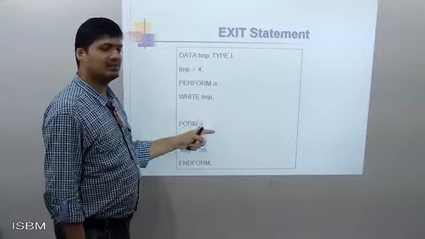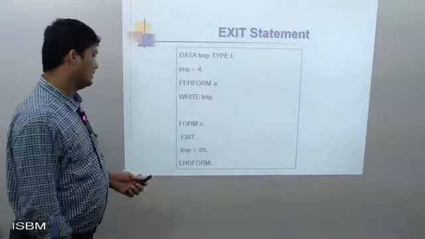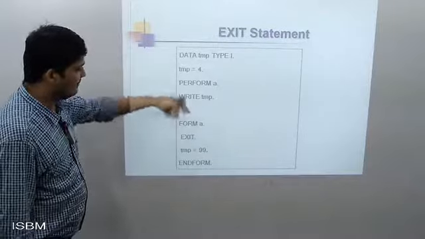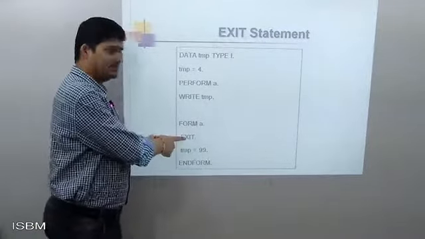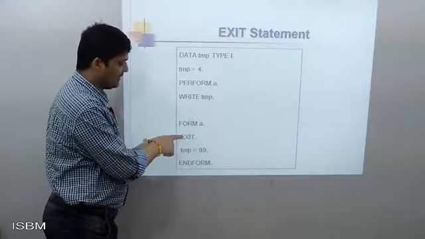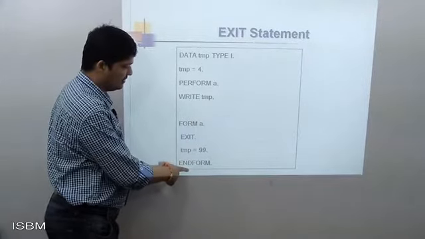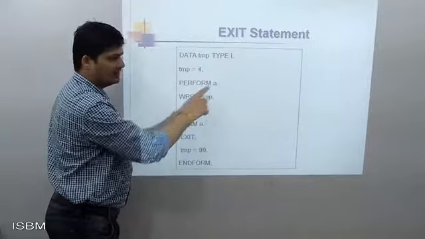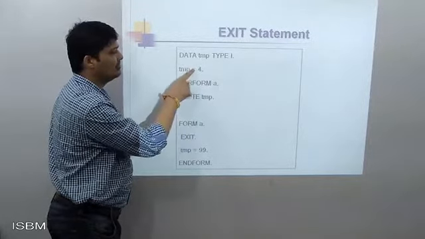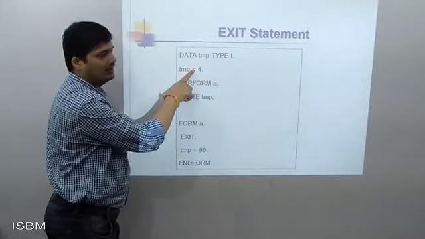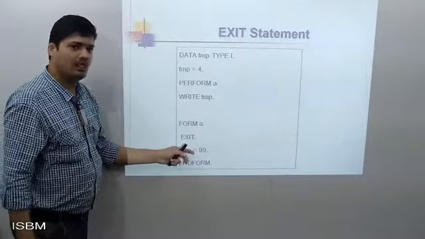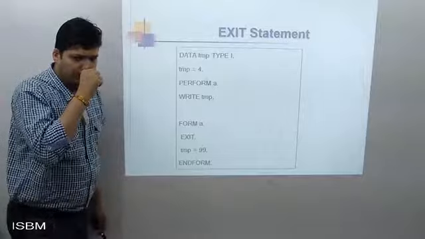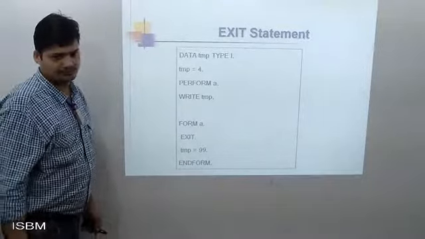Temp is 4, so it writes the 4 here. When it goes inside the perform, the first sentence it finds is exit, so it comes outside the perform. Perform has been done, then it writes temp. The temp value is 4, which we wrote initially. So the output is 4 only, not 99.